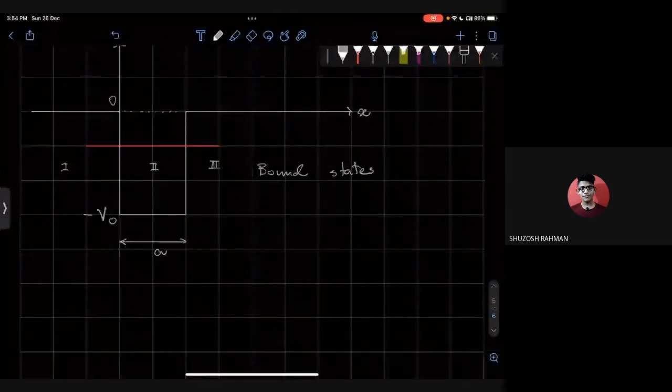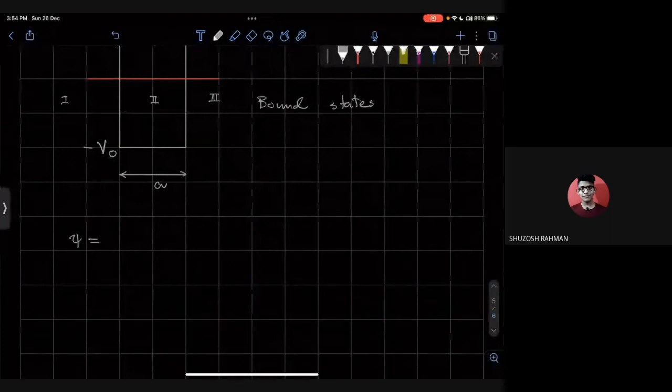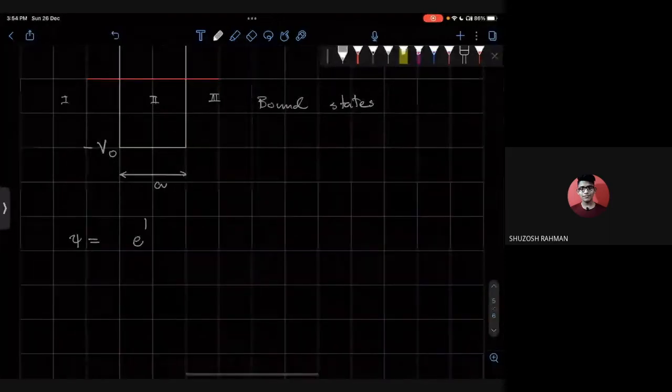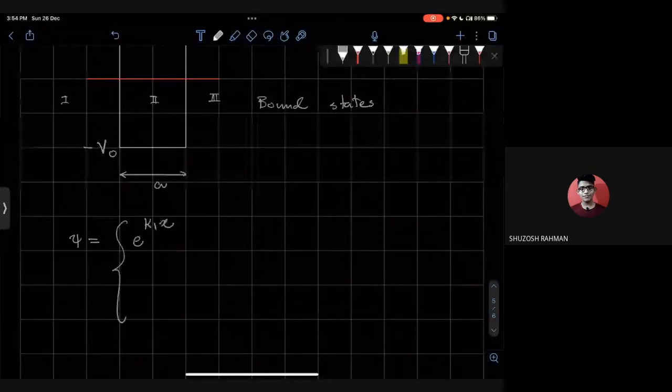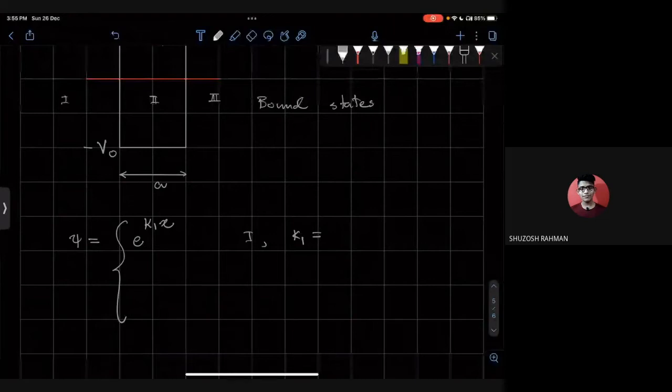And then the solution psi is going to be e to the power k1 x in region 1, where k1 is essentially this one.